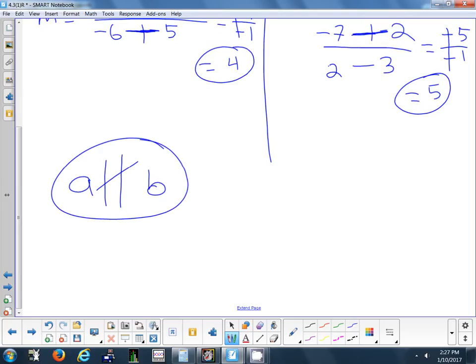Okay, that means A is not parallel to B. If you don't like the symbol, you don't have to use it. You can just write the sentence, A is not parallel to B. Yep, that's it. All right, so any questions on parallel lines?